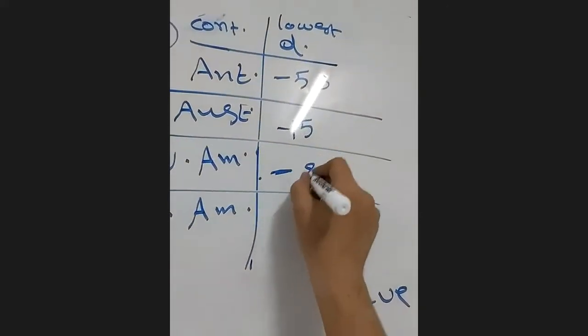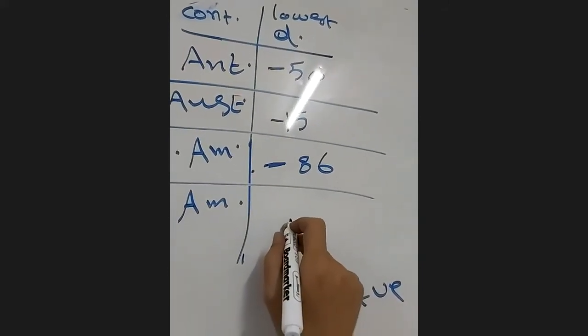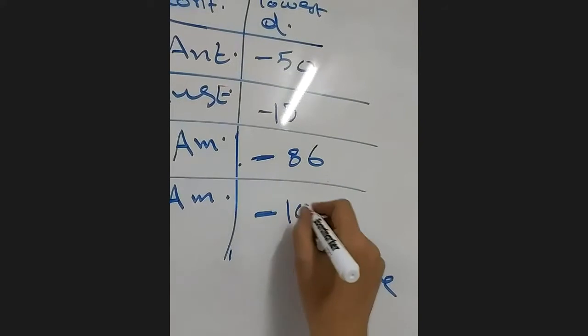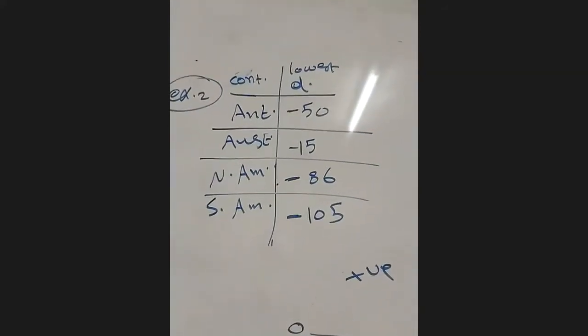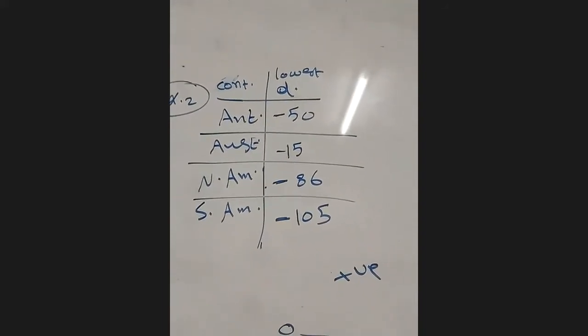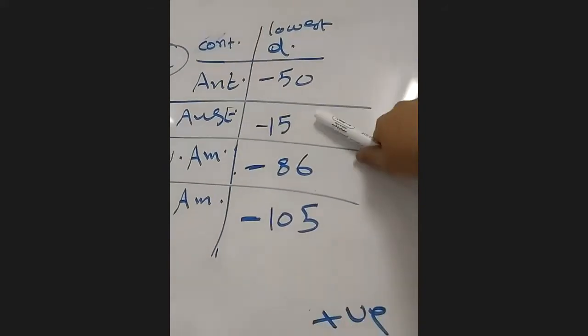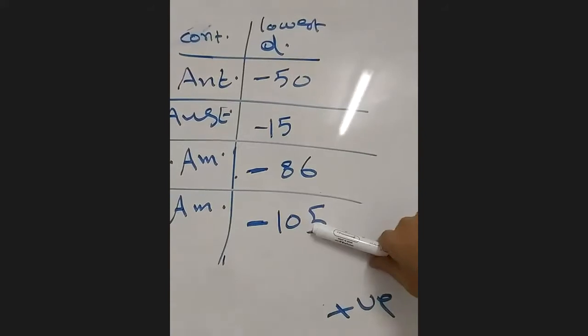And South America? -105. This is the table, guys. From the table, which one has the greatest? The greatest here, guys, is -15. And the smallest value here is -105.